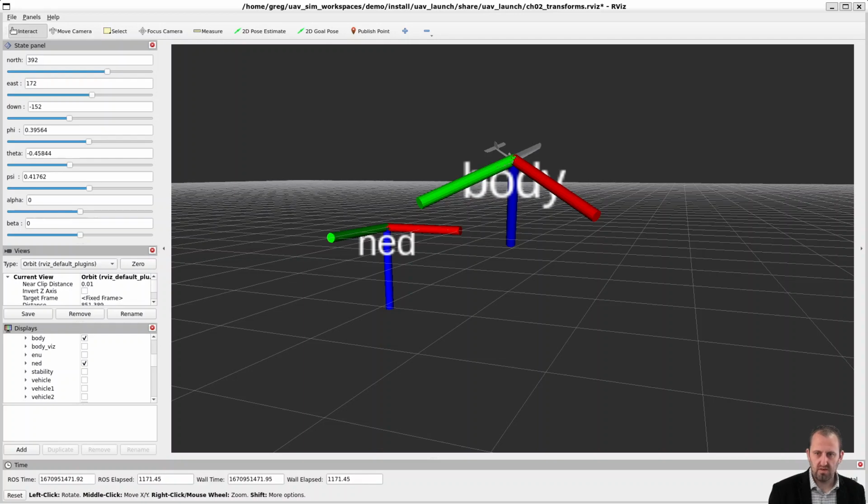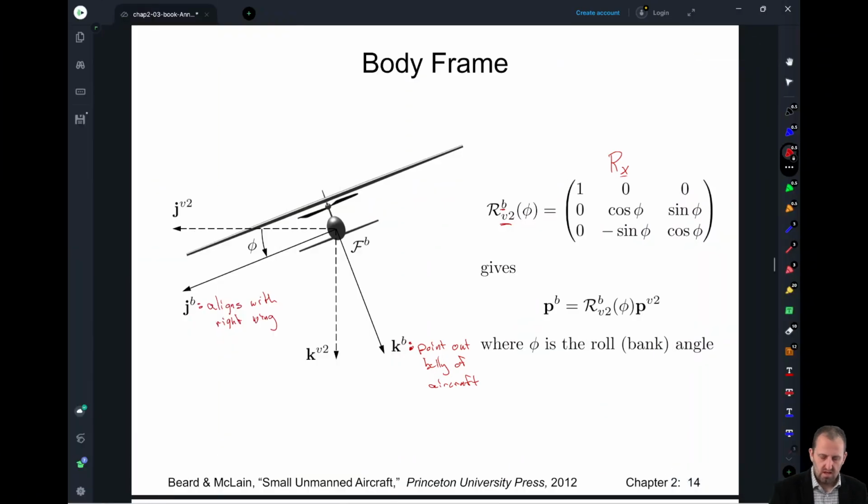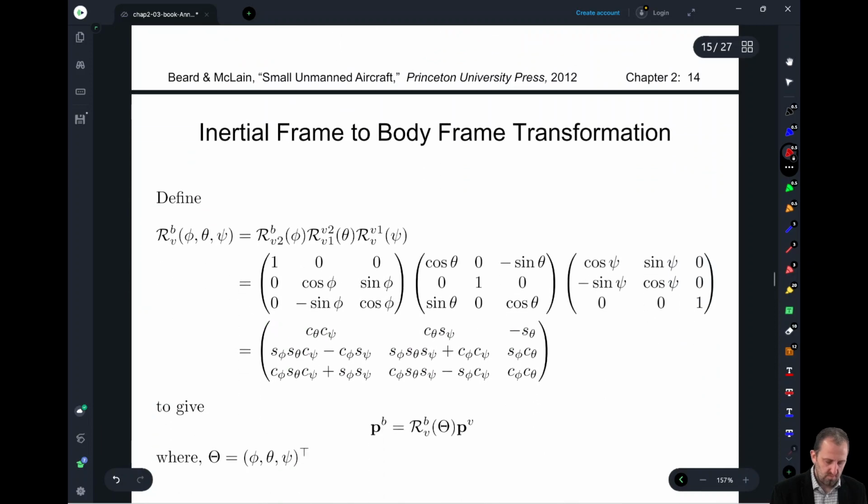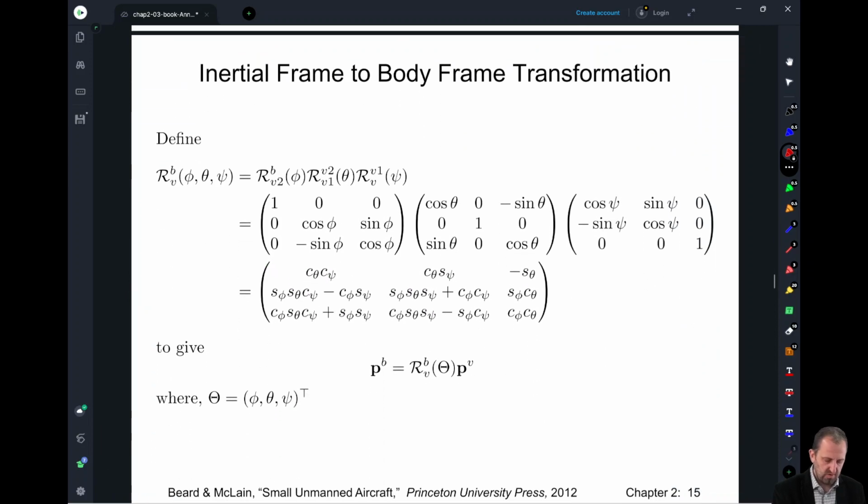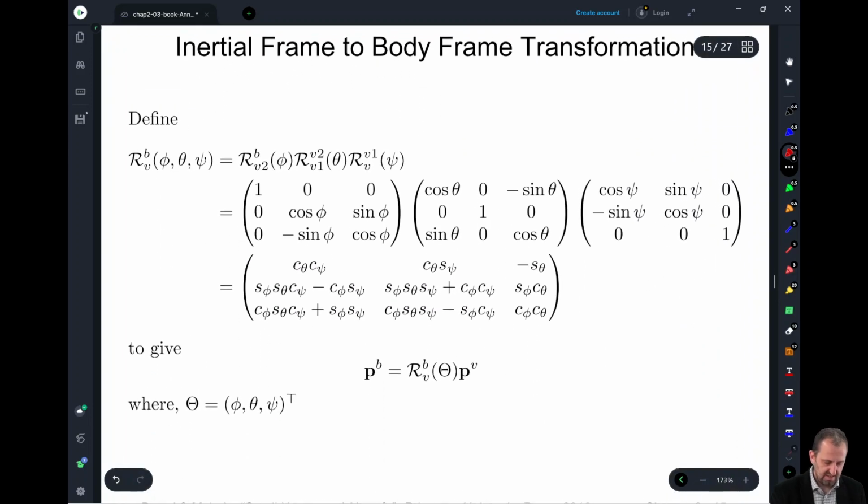Okay, let's jump back over to the notes. We can now define this rotation. If we do one at a time, we do our vehicle to vehicle 1 frame, then vehicle 1 frame to vehicle 2 frame, and then vehicle 2 frame to our body frame. That'll give us the aggregate rotation matrix, which goes from the vehicle to the body.